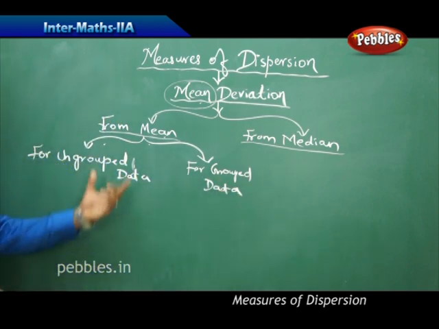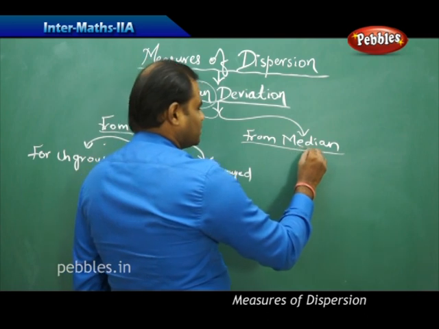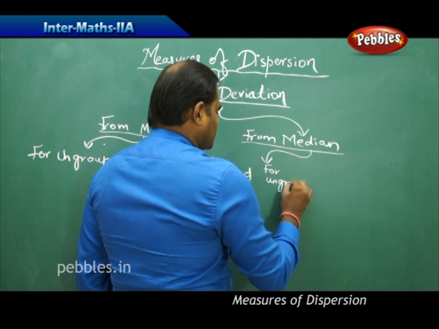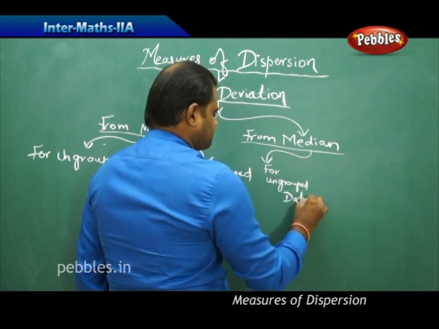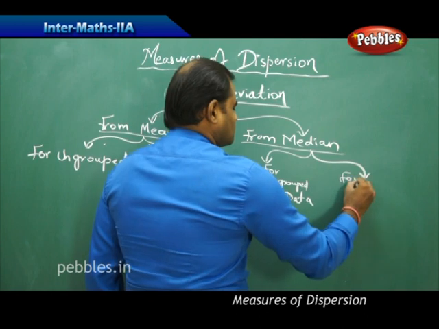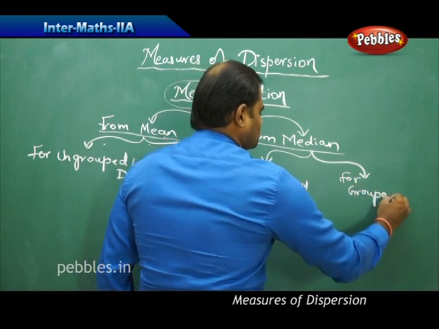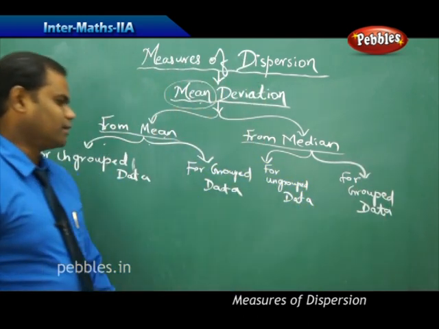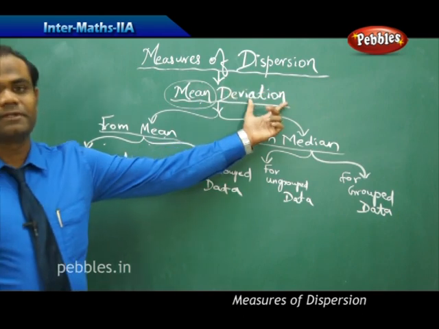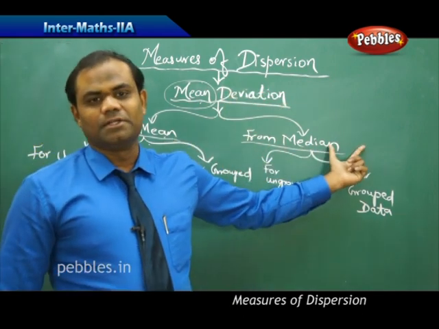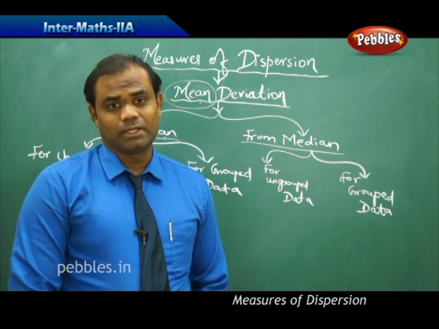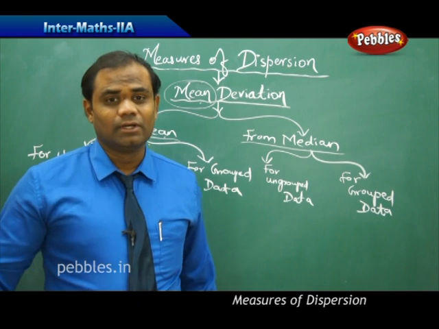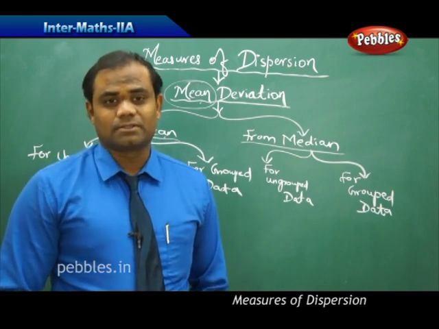Similarly, finding the mean deviation from median for ungrouped data, and this is for grouped data. This is how we classify the different ways of finding mean deviation from mean and from median for both grouped and ungrouped data. So let's see the four types of classifications through their respective methods.